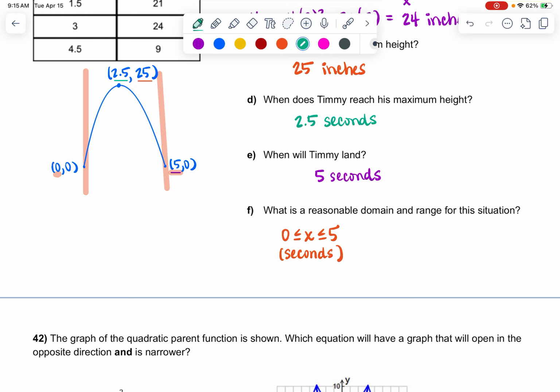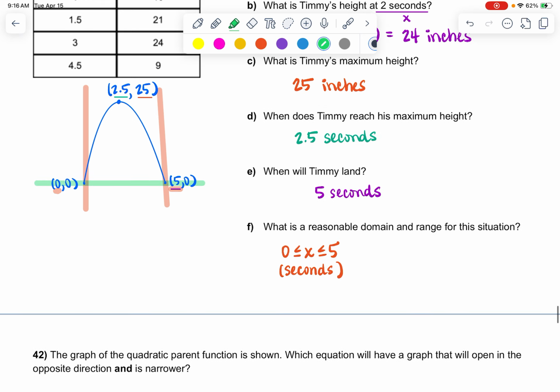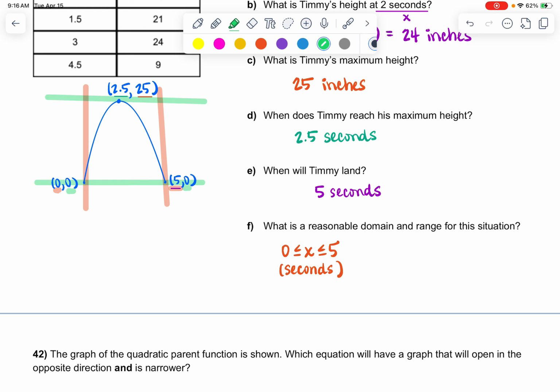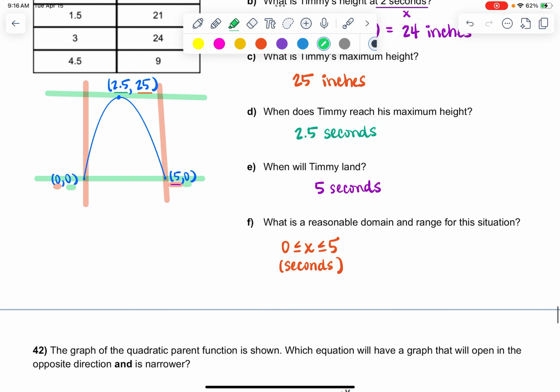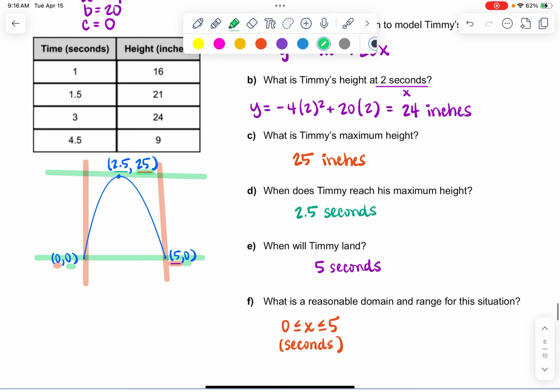And then your range is going to be, he's not going forever down. It's not like he hits the ground and keeps going. So there we go. 0 is his lowest height, and then that 25 is his highest height.